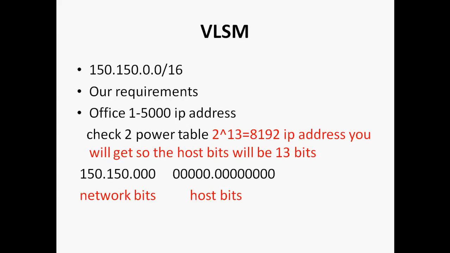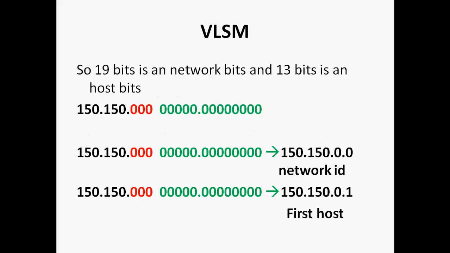So here we can see below 150.150. The first 3 bits I can borrow from host bits to network bits. The remaining 13 bits should be host bits. Now totally 19 bits are network bits and the remaining 13 bits are host bits.